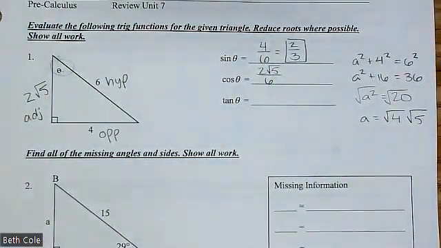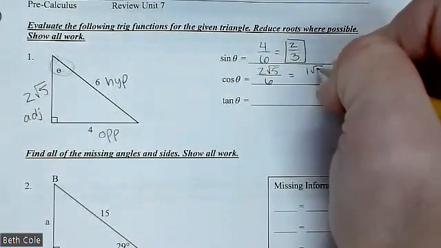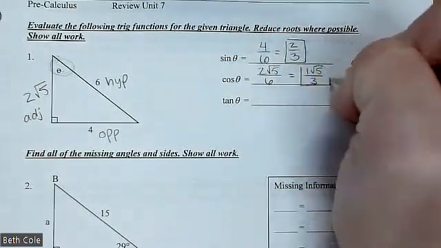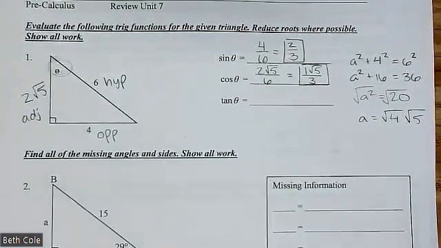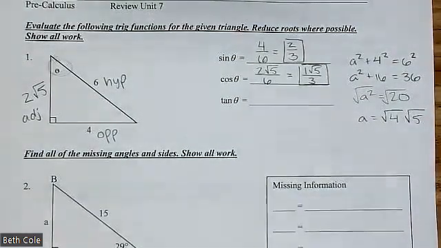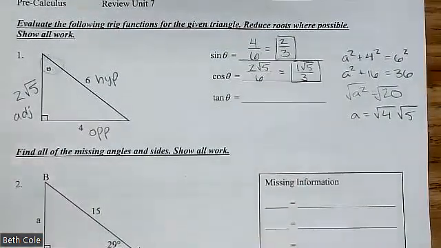Now you can't touch what's underneath the root, so that 5 is going to stay, but 2 over 6 you can reduce to 1/3. And again, the hardest part is reducing fractions, honestly, because fractions scare everybody because they look weird. Yeah, you can write the 1 or not. I wrote it because everybody kind of said 1/3, so I put the 1 there. You don't need that 1. You could erase that or just not put it.